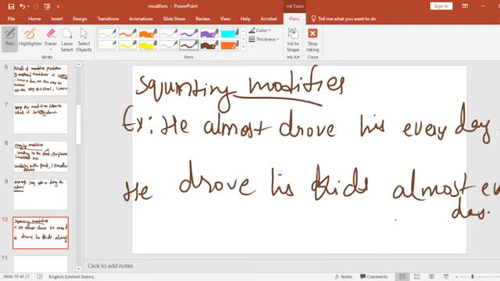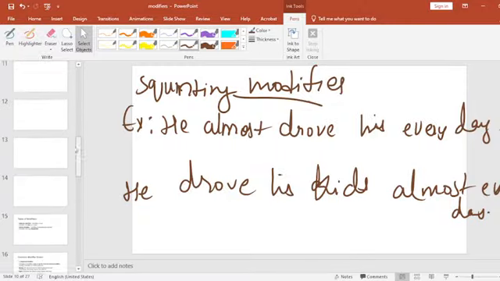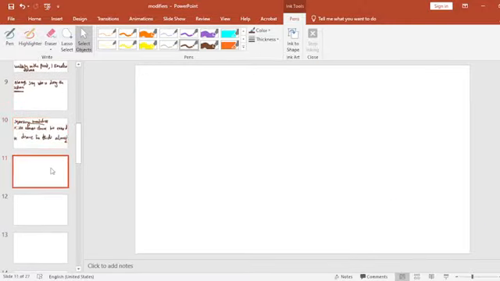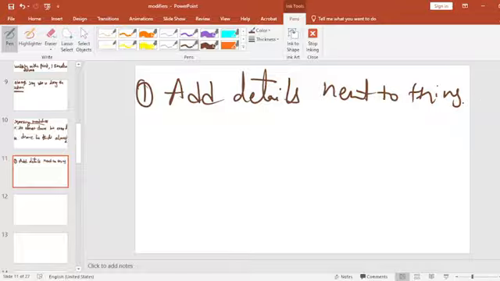So there are few tips that one can follow while doing modifiers. First one is add details next to the thing you're talking about.